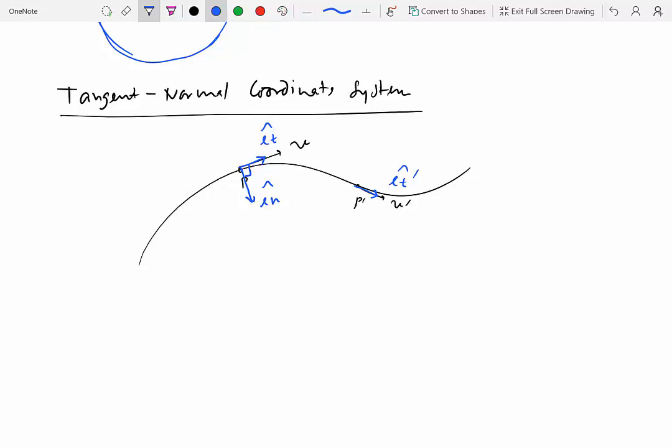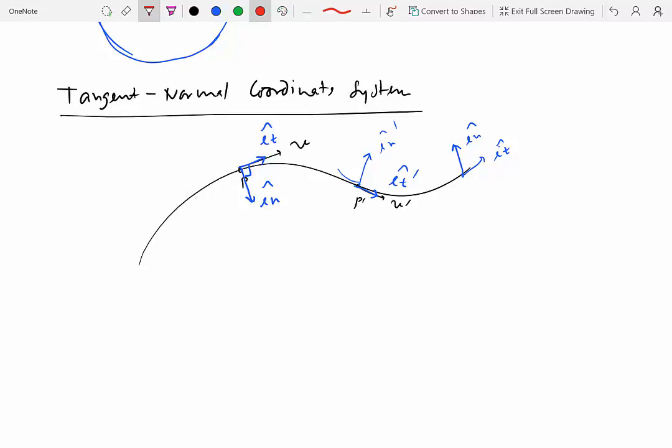So at point P prime, if I ask you what is the direction of the tangent vector, assuming that this is really turning like this, then en hat is pointing that way. If you get over here, et hat is tangent and en hat is pointing towards the concave side. Or you can say that you can draw your kissing or osculating circle at every point, and the en hat would be pointing towards the center of that circle.